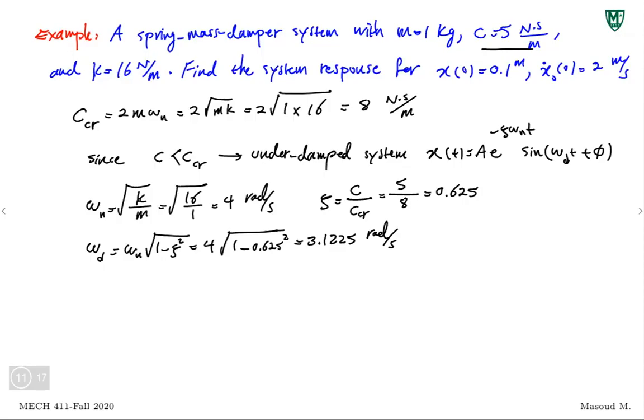So I know omega d, and I have to find A and phi now. So A, what was that? See if I remember: the square root of (x naught omega n) squared plus (x naught dot plus zeta omega n x naught) squared, one of them should be omega d. The first one is omega d.